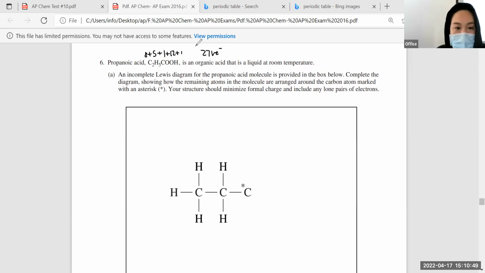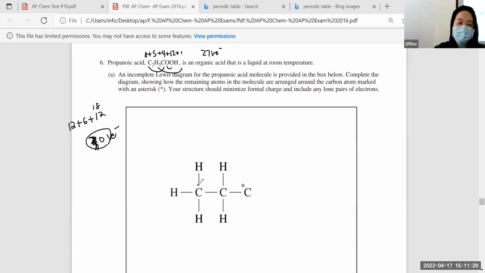Right? 12 plus 6 plus 12. Oh, that was supposed to be 4. 30. Right, I have a total of 30 valence electrons.